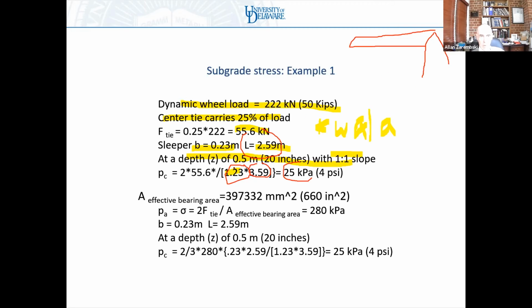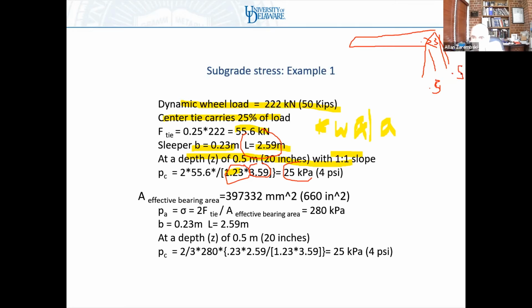So the 1.23 is the 0.23 width of the sleeper, plus a half a meter here, plus a half a meter here.